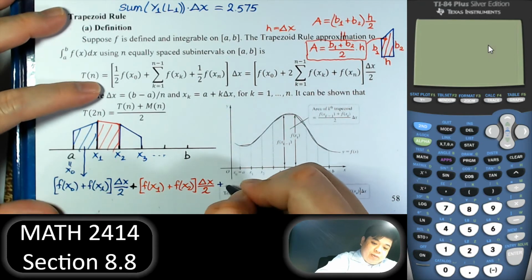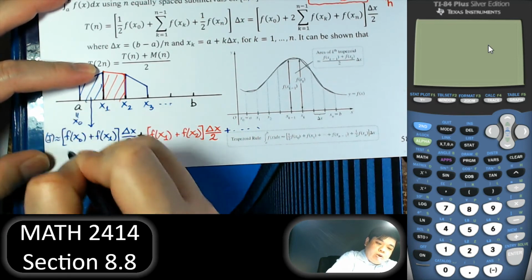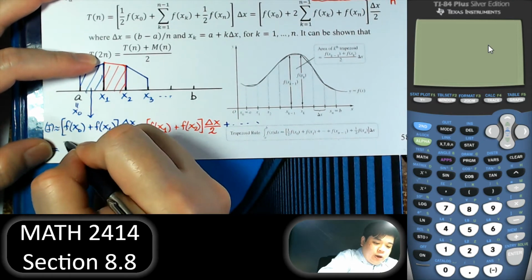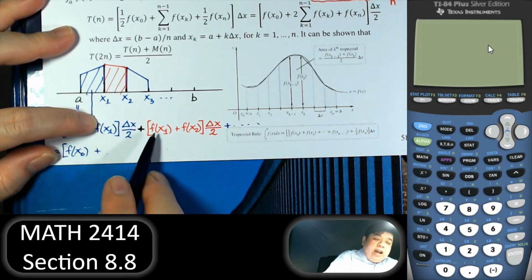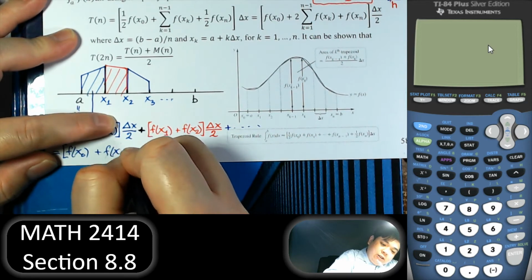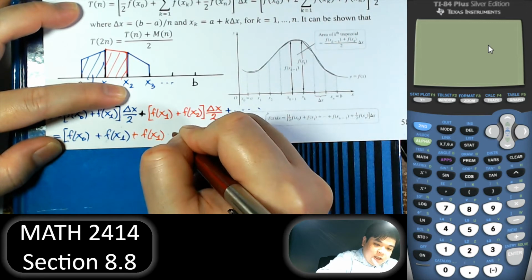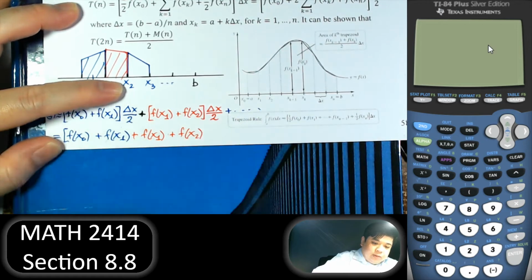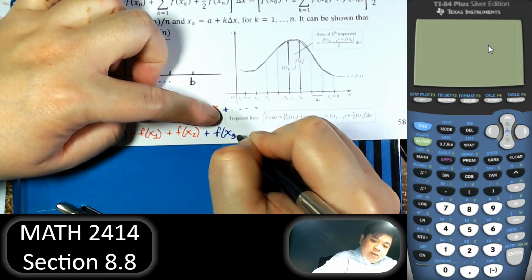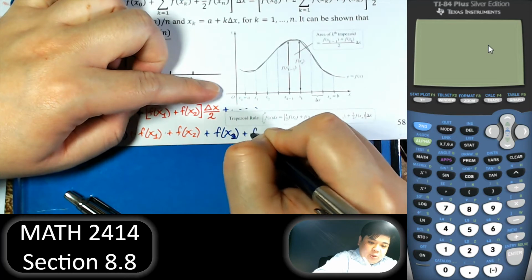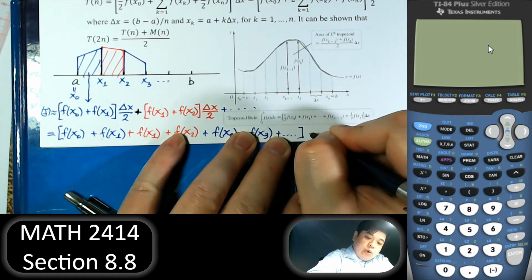And if we keep doing that, what we see here is, so the integral is approximately equal to f of x0, f of x1, and then f of x1, and then we have f of x1, f of x2, and the next one will be f of x2, and f of x3. Bottom line is, when we do all of that, we factor out delta x over 2.